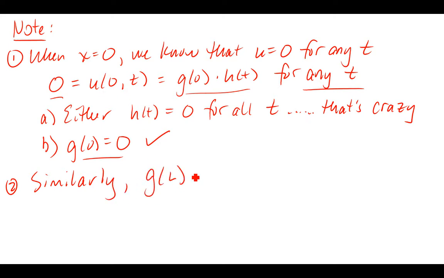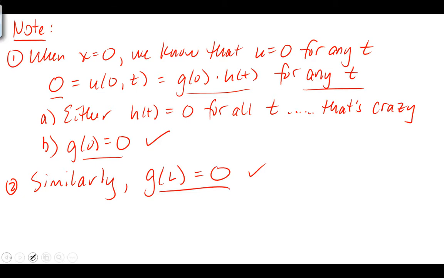On the other end of the bar, g of L is also going to have to be 0. Same idea, just repeat this argument, but replace 0 with L, and you'll get the exact same conclusion. Oh, well, look at that. These look like initial points for my mystery g.